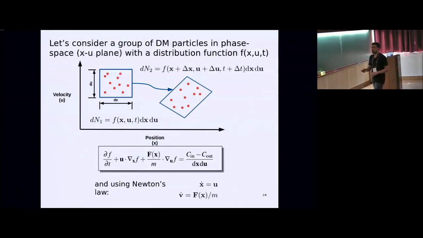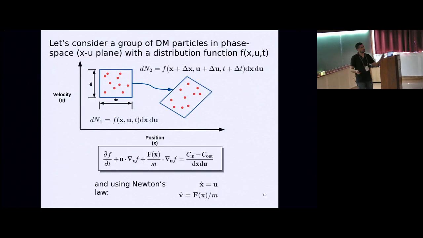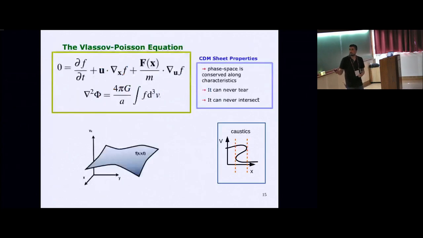So now you can use these previous equations, and you end up with this expression that tells you how the evolution of phase space should be. You can furthermore use Newton's equations, telling that the velocity is the time derivative of the position, and the time derivative of the velocity is given by the force. So if you put all this together, what you end up with is the famous Vlasov equation, also called the collisionless Boltzmann equation.